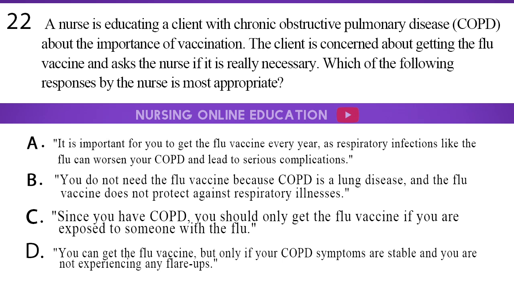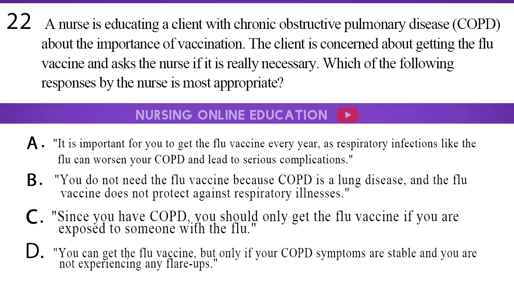22. A nurse is educating a client with chronic obstructive pulmonary disease, COPD, about the importance of vaccination. The client is concerned about getting the flu vaccine and asks the nurse if it is really necessary. Which of the following responses by the nurse is most appropriate? A. It is important for you to get the flu vaccine every year, as respiratory infections like the flu can worsen your COPD and lead to serious complications.